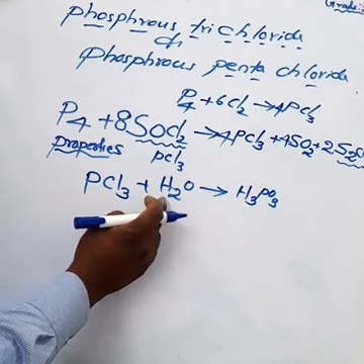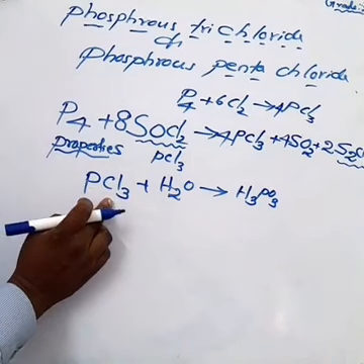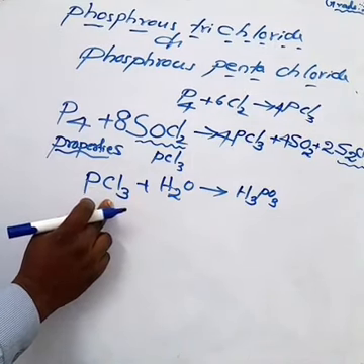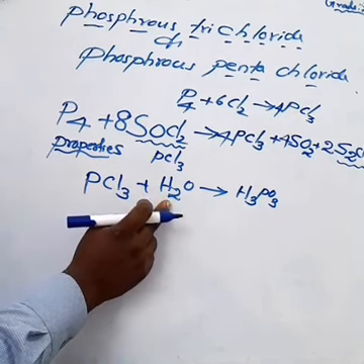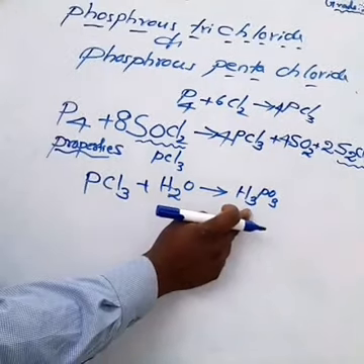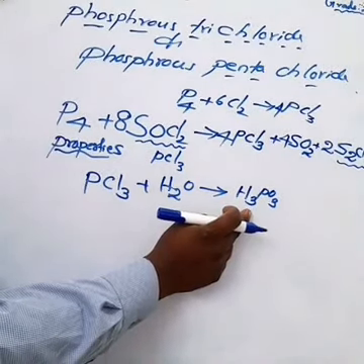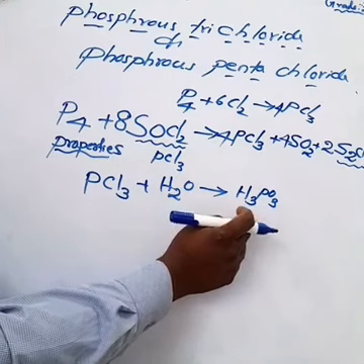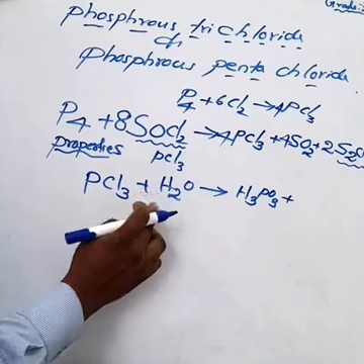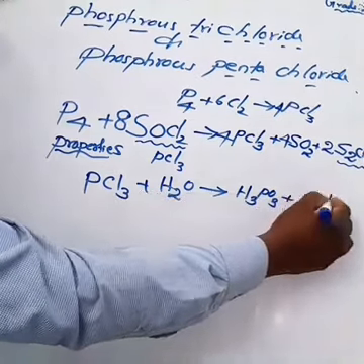H3PO3. Anyhow, we can write the equation: PCl3, phosphorus trichloride, reacts with water, H2O, gives H3PO3 plus the hydrogen combines with the chlorine, we get HCl.